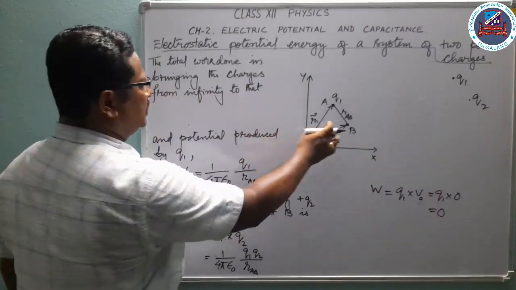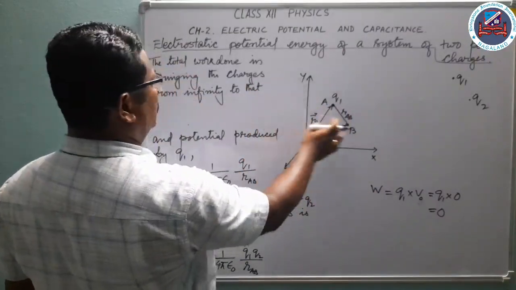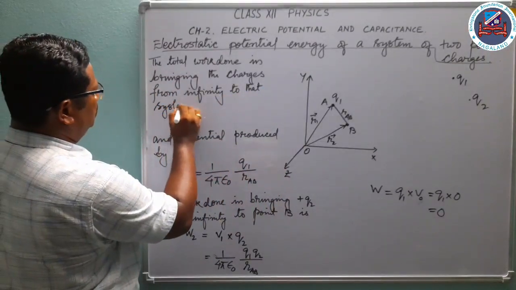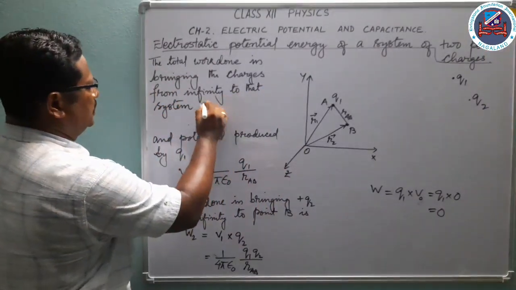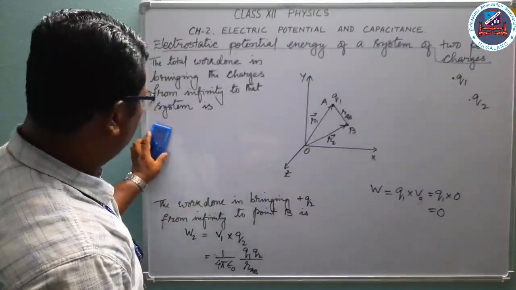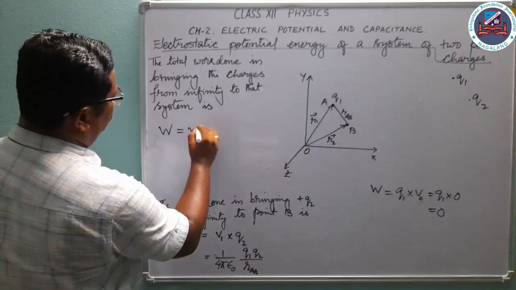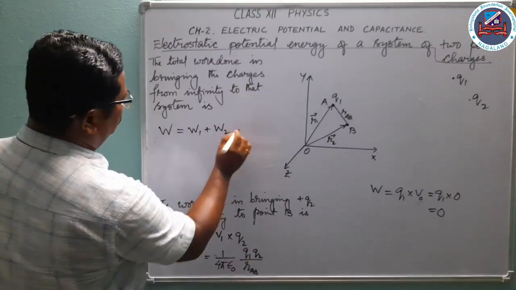That system means these are systems that we have developed or we have built. To that system is W equal to W1 plus W2.